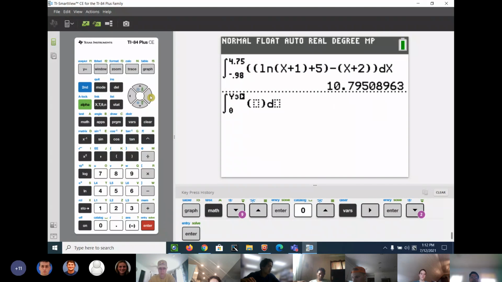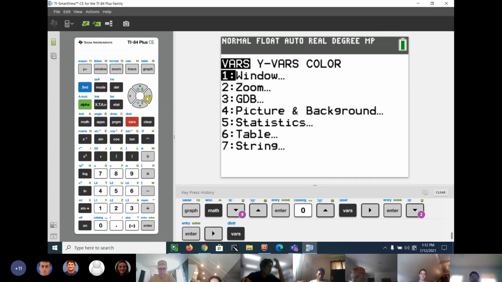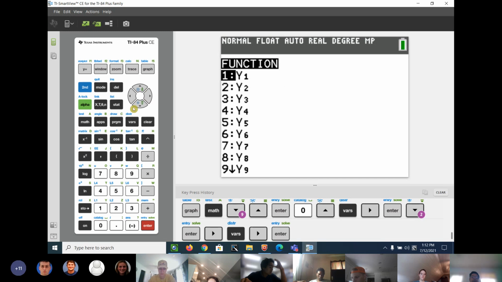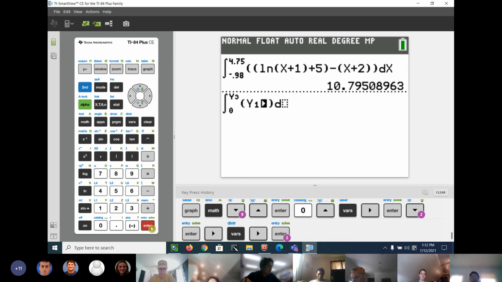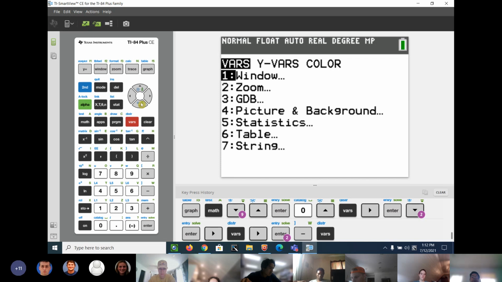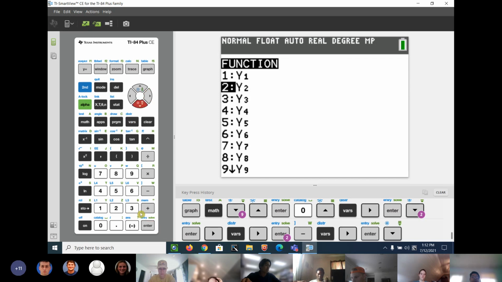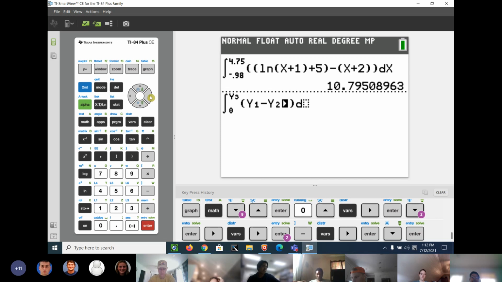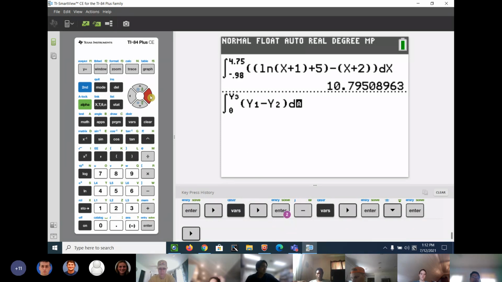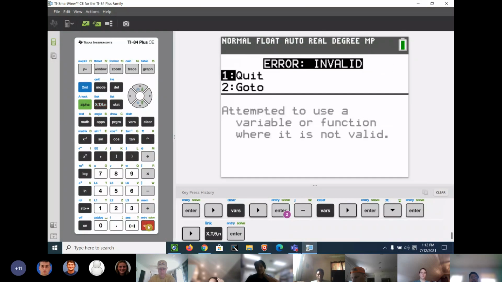And then here is going to be y sub 2, and it's y sub 1. Vars, function y1 minus vars function y2 and dx.